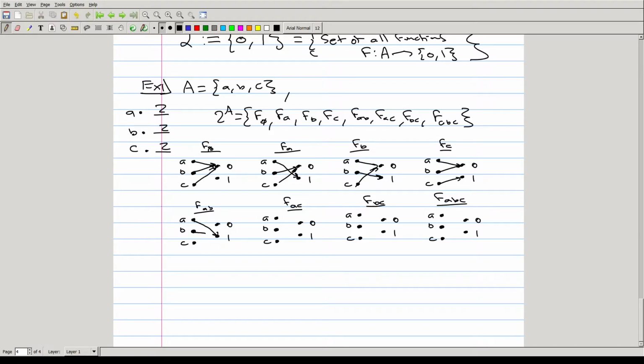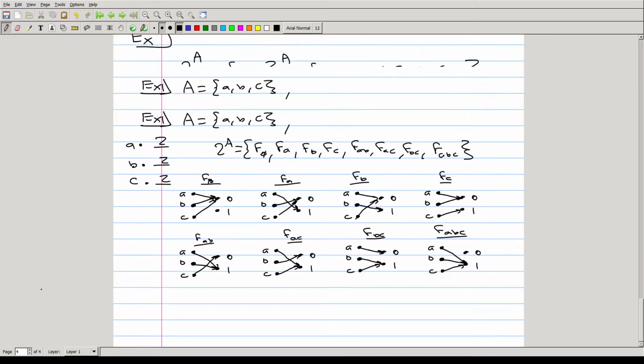Fab is going to be 1 at A, 1 at B, and 0 at C. Fac is going to be 1 at A, 1 at C, and 0 at B. Fbc is going to be 1 at B, 1 at C, and 0 at A. And Fabc is going to be 1 at each value A, B, and C.